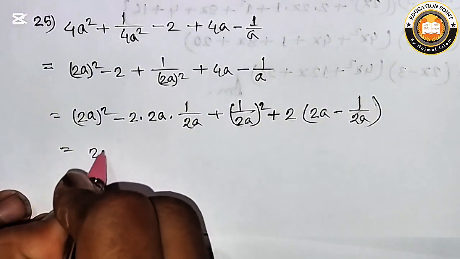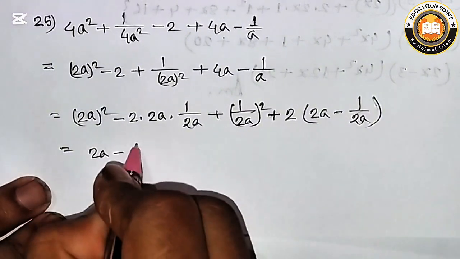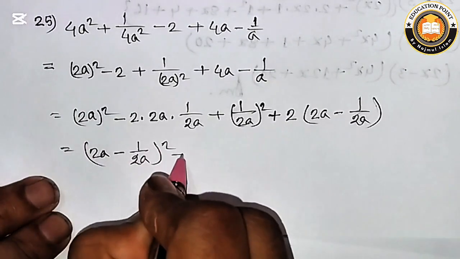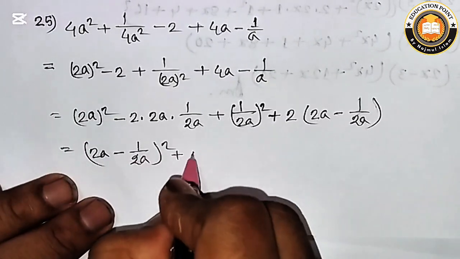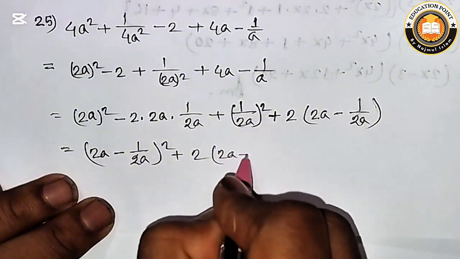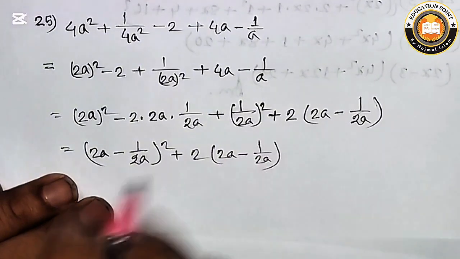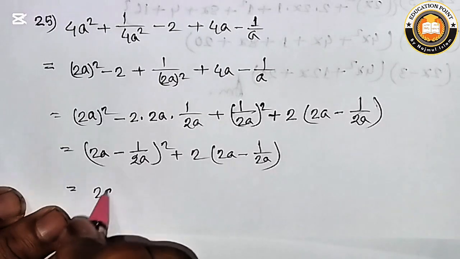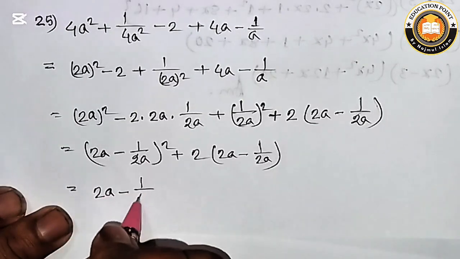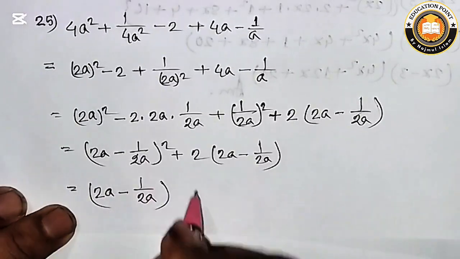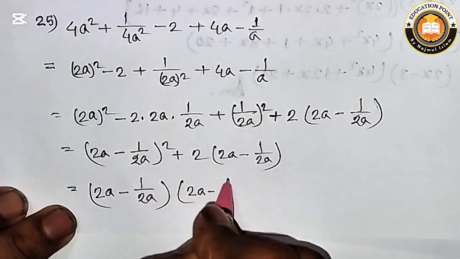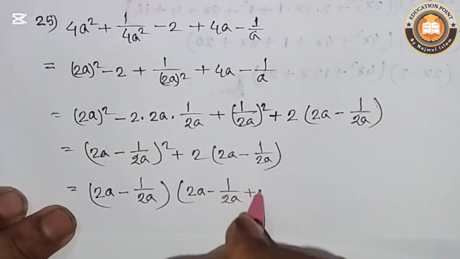Here a means 2a, minus b means 1 by 2a whole square plus 2 into 2a minus 1 by 2a. This expression 2a minus 1 by 2a is a common value. After taking common value, we can write 2a minus 1 by 2a plus 2.